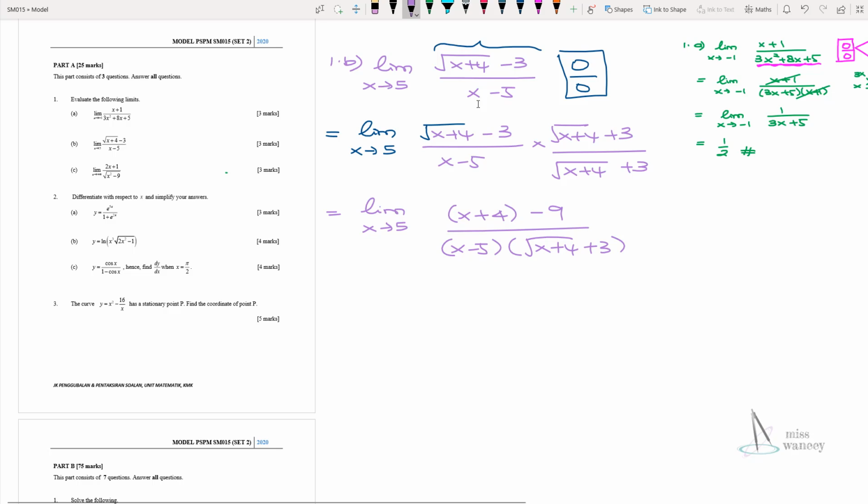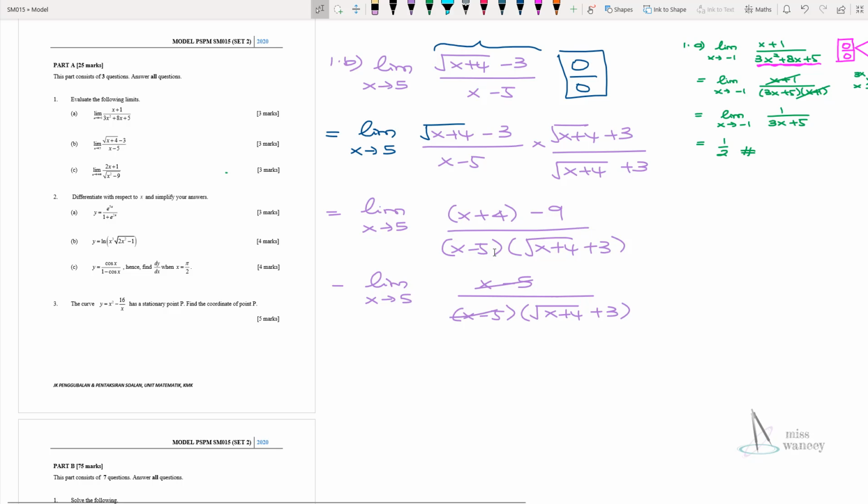Basically, if you multiply with its own conjugate, like our numerator here, we expand them. If we don't have anything with the conjugate, we leave them in the bracket, just like what we did in our denominator. Let me simplify our numerator. This is the limit as x approaches 5 of (x - 5) over (x - 5)(√(x + 4) + 3).